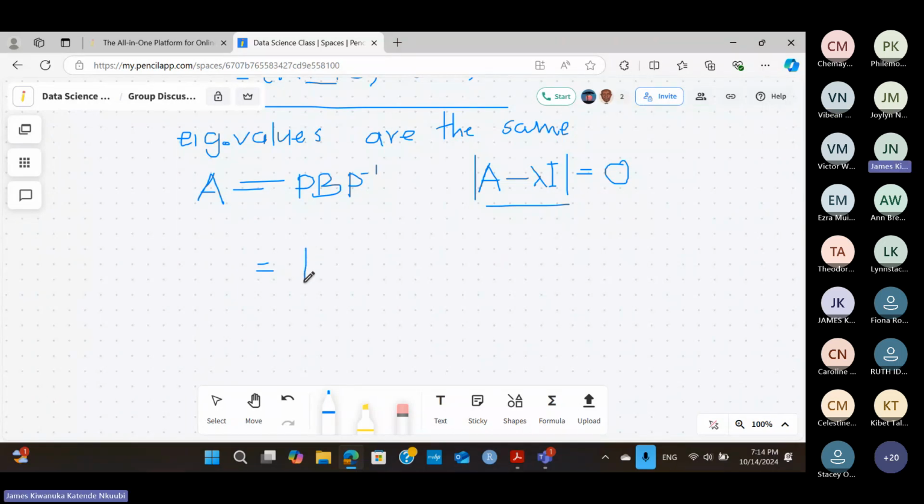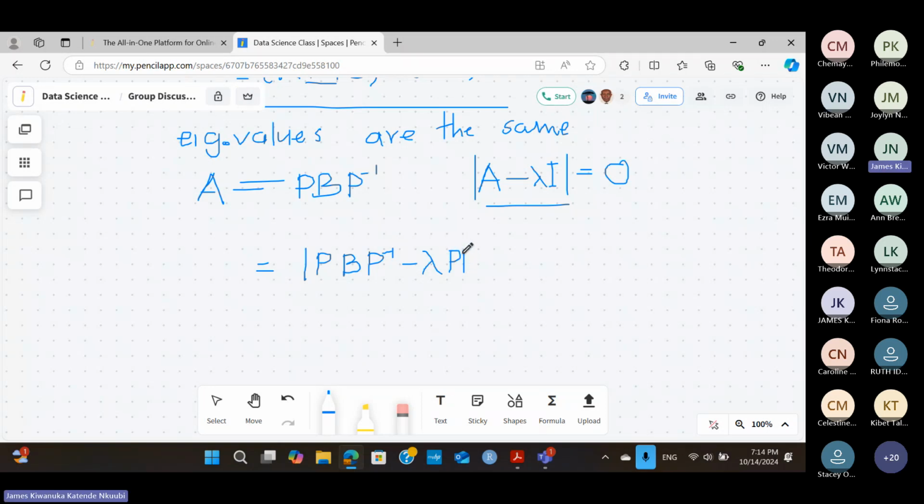So it's the same as the determinant of P, minus lambda I. Now I can replace, I think this is the correct order.